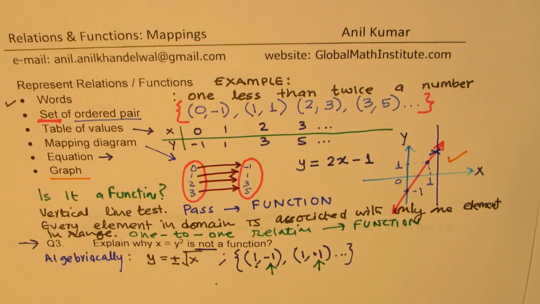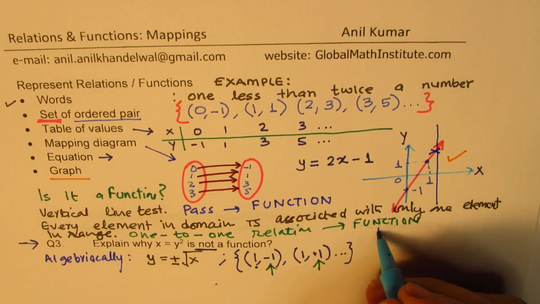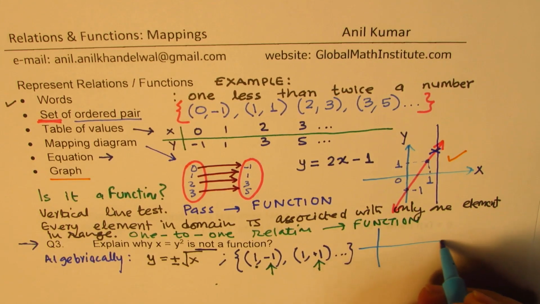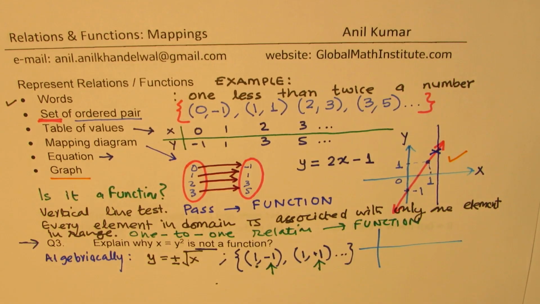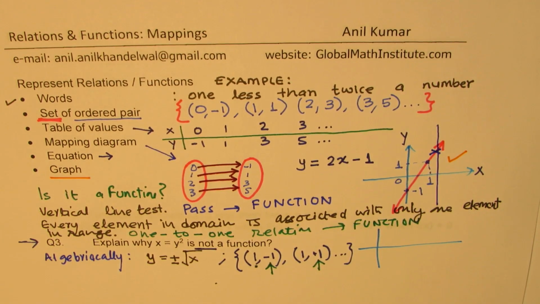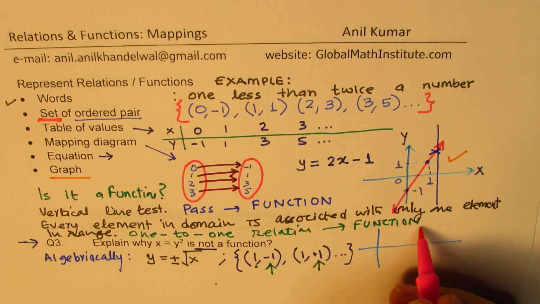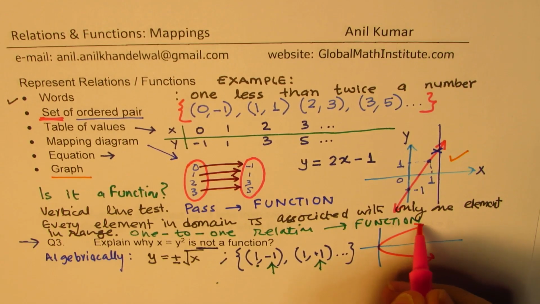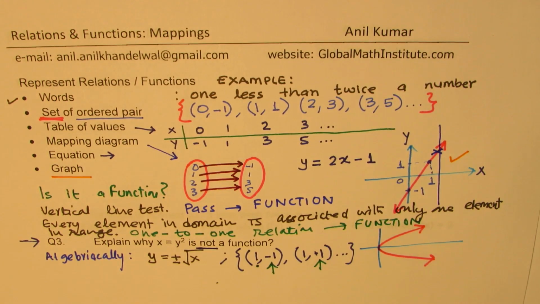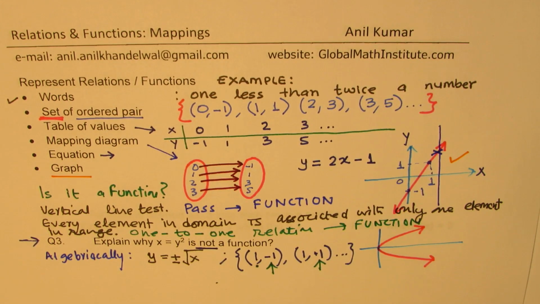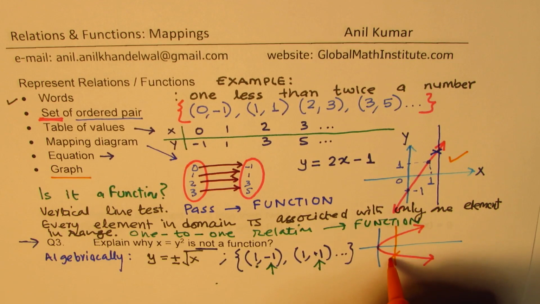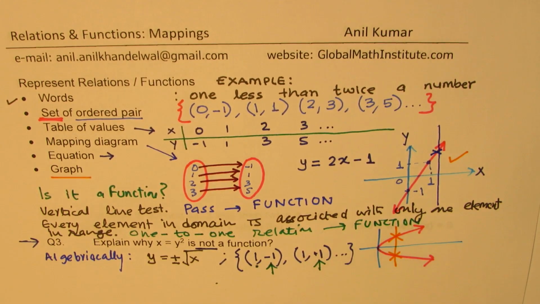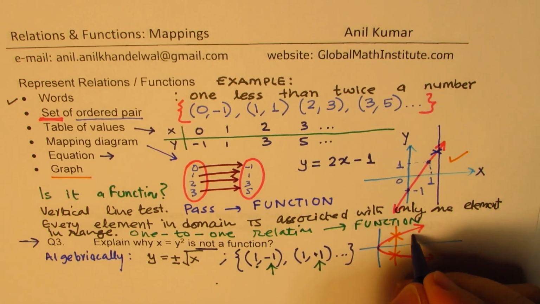You could also sketch the graph for this. The graph of this particular relation will be a parabola, which opens on the right side. And this parabola fails the vertical line test, and therefore, it is not a function.